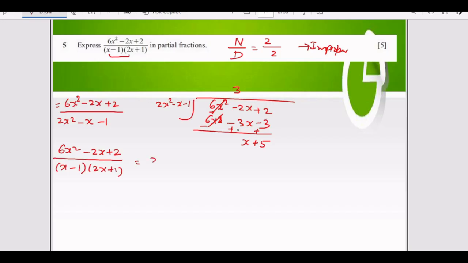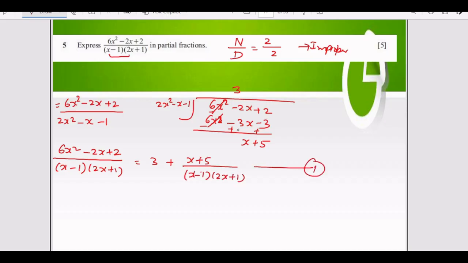So this is going to be 3 plus x plus 5 over 2x squared, that is the factors again, we can write the factors as x minus 1 and 2x plus 1, right? So this is our equation 1.